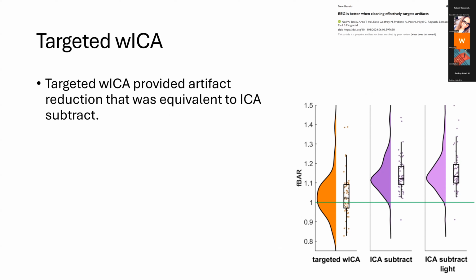ICA subtract and a light version of ICA subtract, where only the highly confident blink components were selected for subtraction, provide a blink amplitude ratio of around 1.1. The targeted wavelet enhanced ICA provided a lower blink amplitude ratio. We suspect this isn't because it is more effective at cleaning the blinks, but rather it's better at preserving the amplitudes outside of the blink periods.